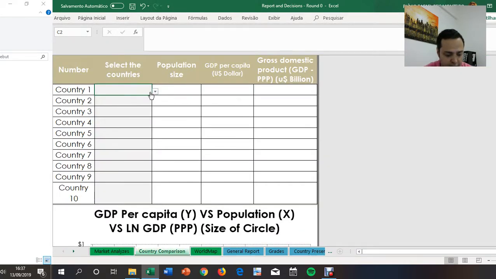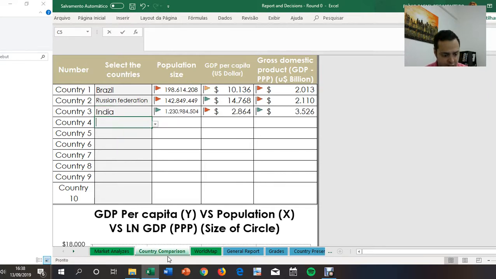So looking here, I think that may be a very good opportunity for us, and then I'm going to see here for the BRICS. So moving to the country comparison, we may look here to different countries like Brazil, Russian Federation, India, China, and South Africa. As you can see here, the biggest populations are located in India and China.